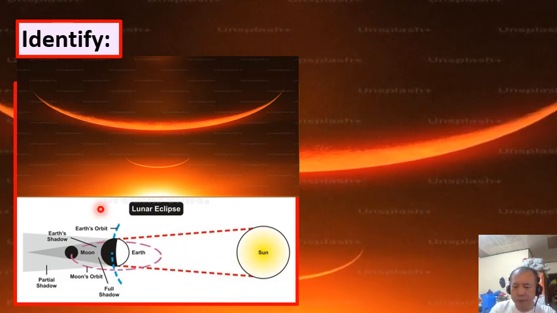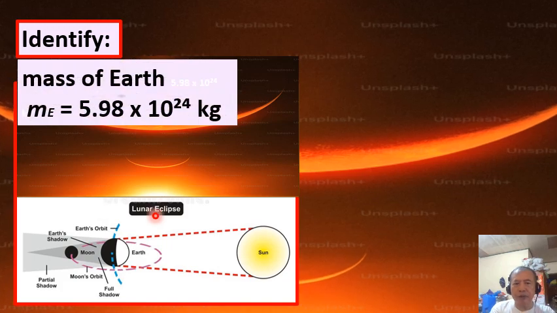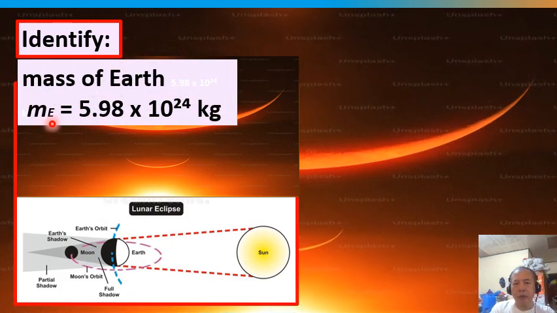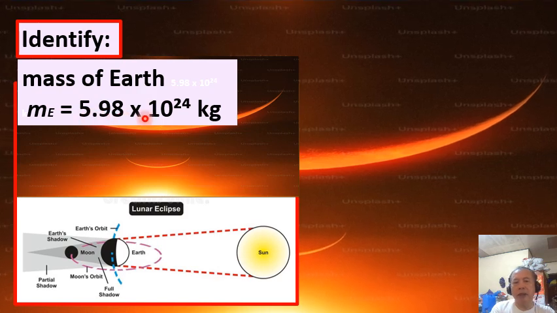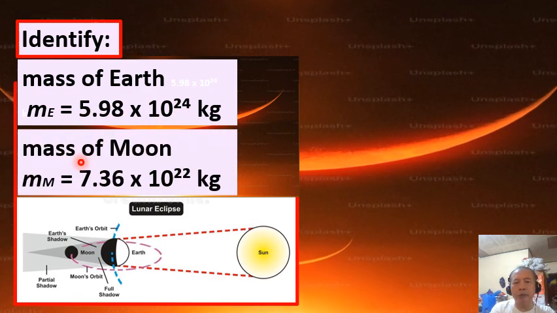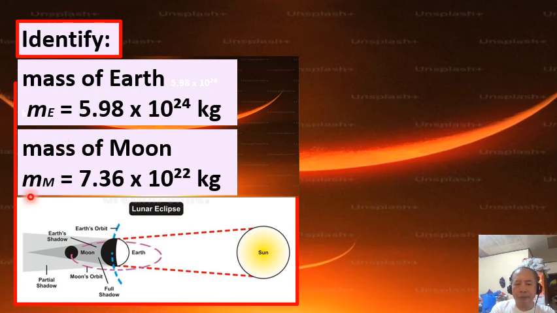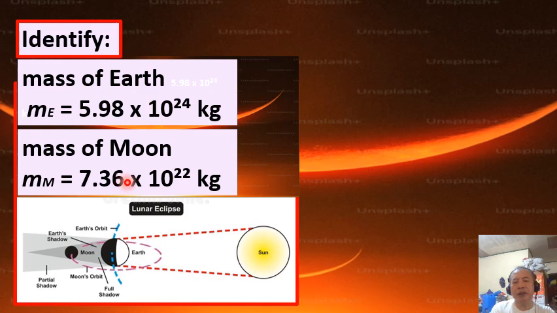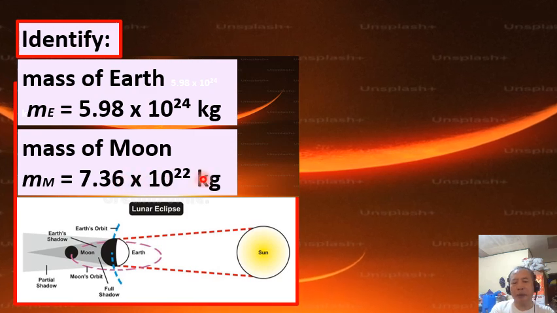So we are given the mass of the Earth, denoted by m sub e, equal to 5.98 times 10 to the 24th power kilogram. That of the moon is m sub m equal to 7.36 times 10 to the 22nd power kilogram.